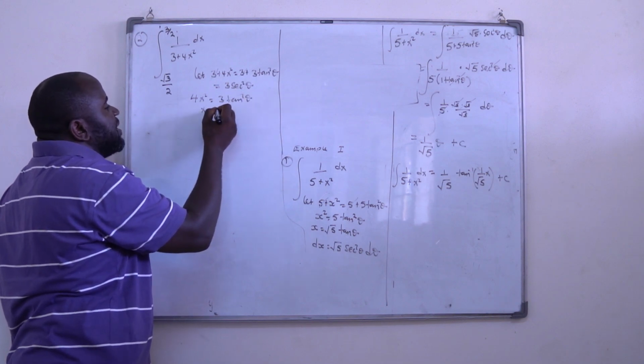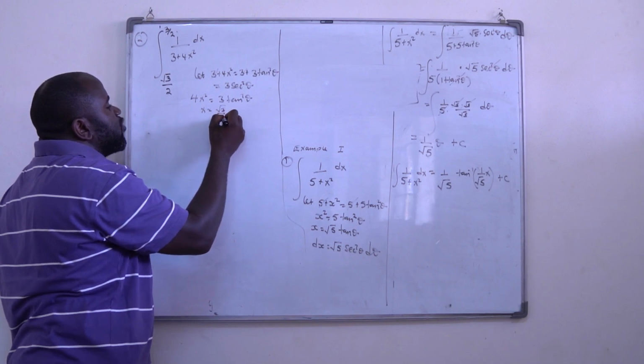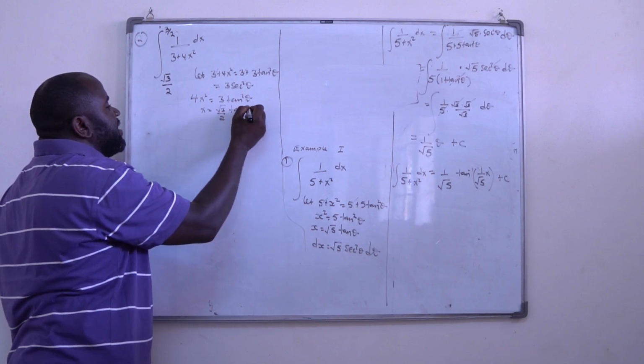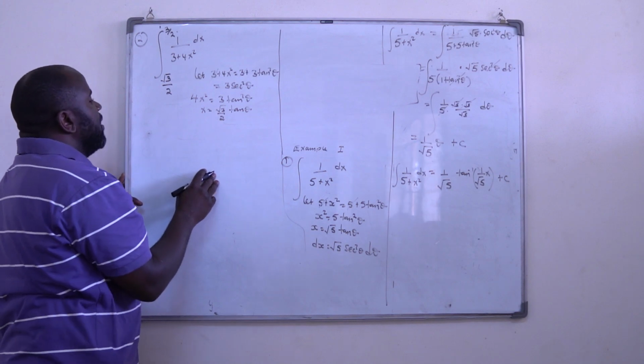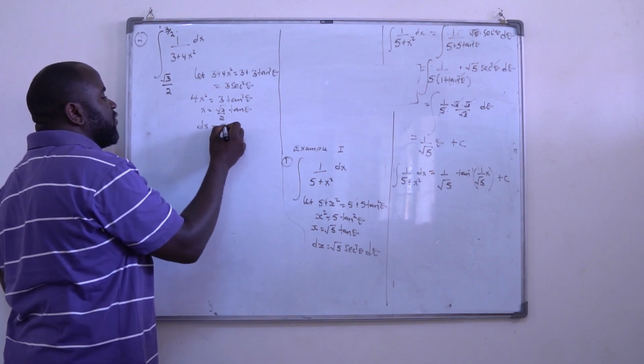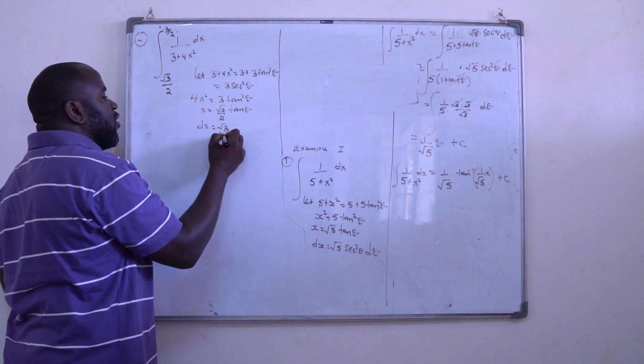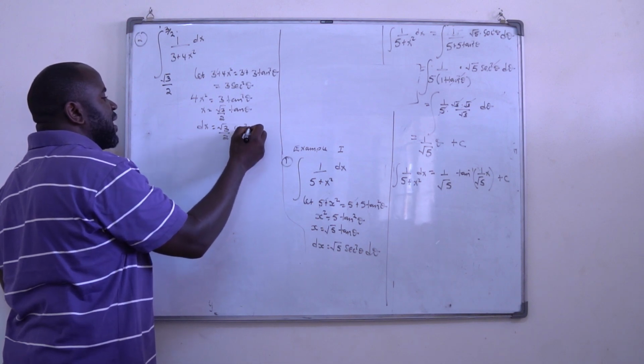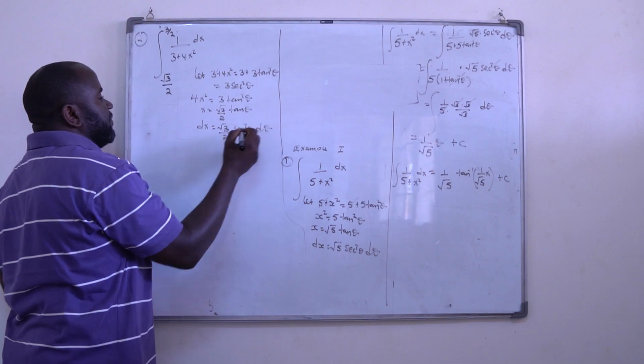So therefore x is root 3 over 2 of tan theta. And therefore dx will be root 3 over 2 sec squared theta d theta.